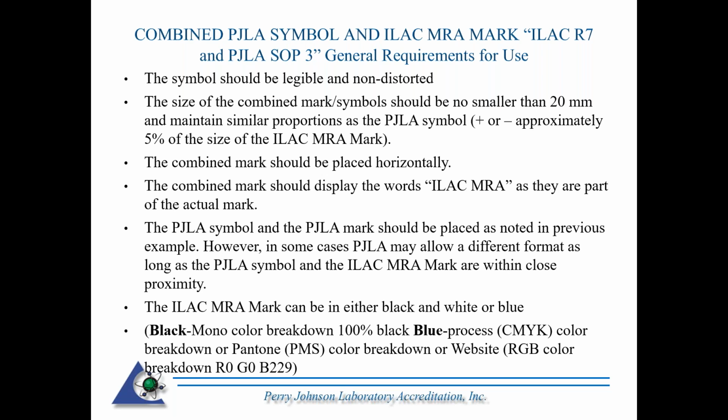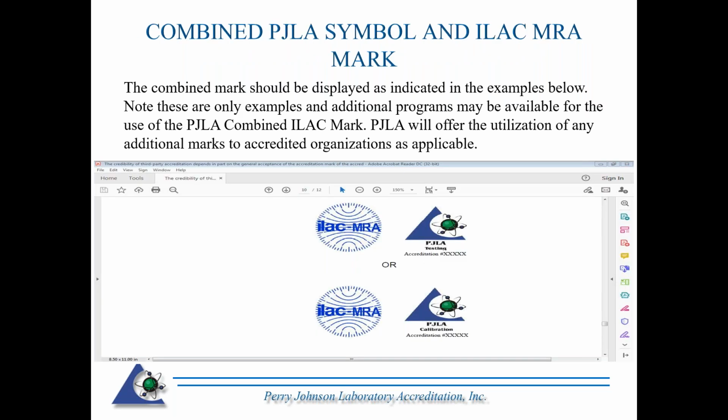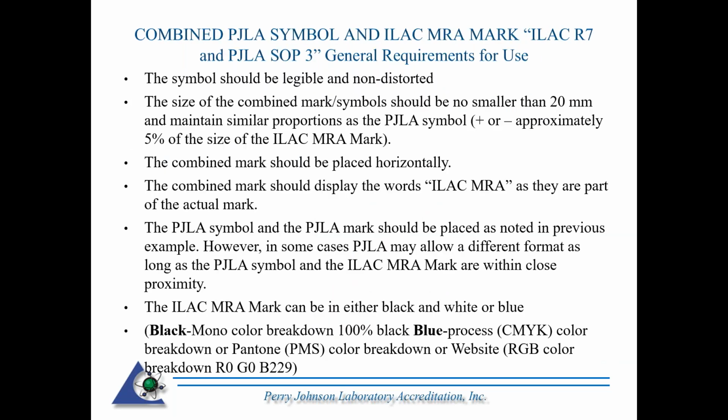It should be placed horizontally. The combined mark should display the words ILAC MRA as they are part of the actual mark. The PJLA symbol and ILAC mark should be placed as noted in the previous example. Go back and look at that. You see they're side by side.